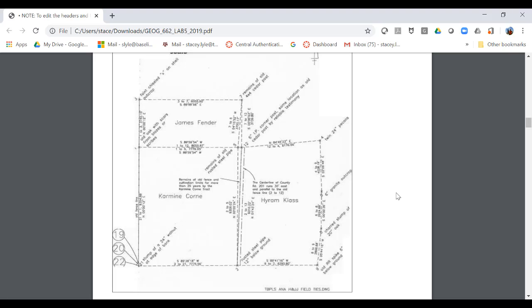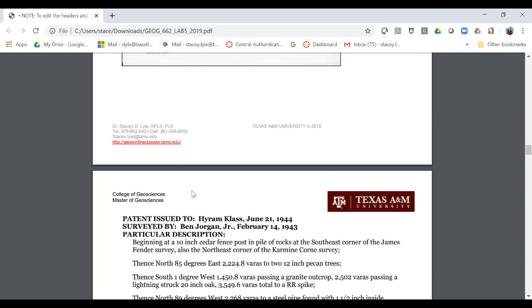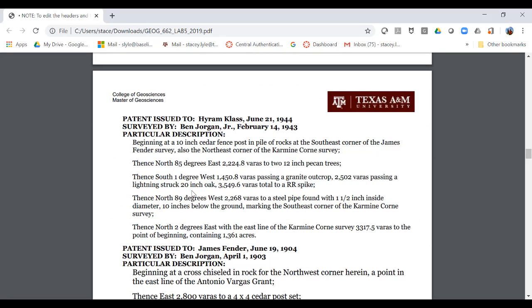We also must look at junior-senior rights: who has been first, and then who's second, who's third, and so forth. In this scenario, we have the Fender, which is the most senior, and this is evident when we go down and read the documents below. It has to do specifically with the date it was surveyed, not necessarily the patent.